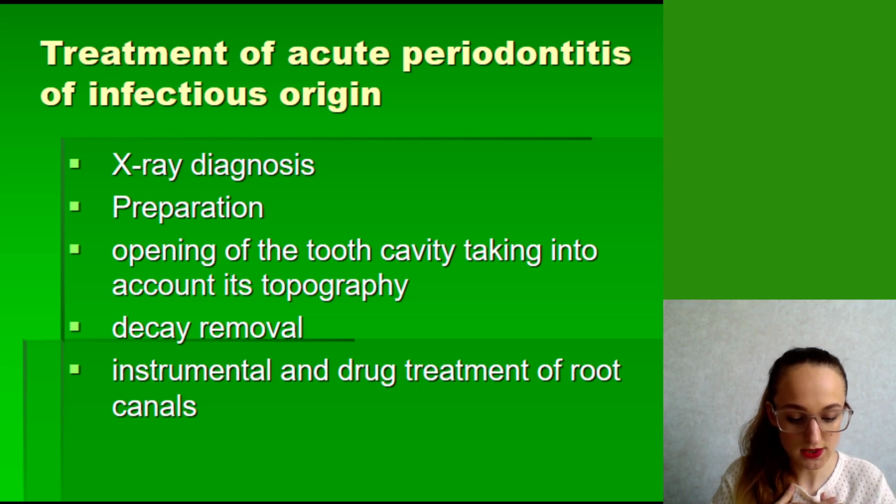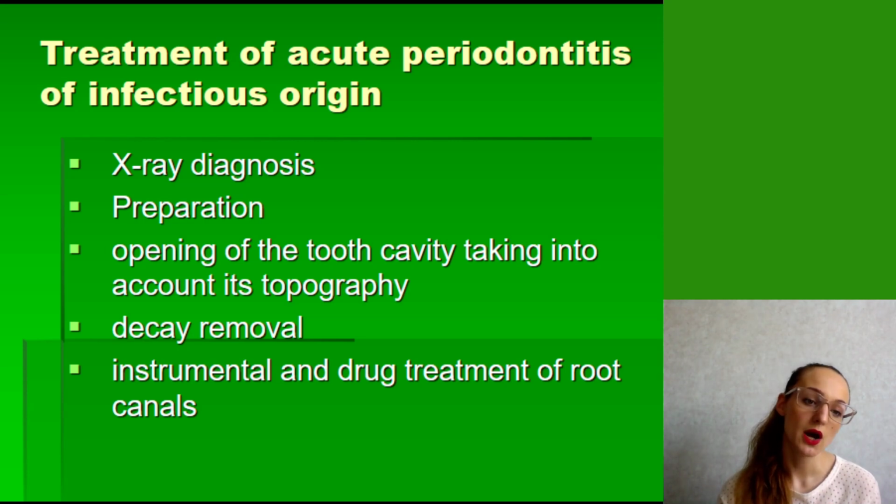Then the canals should be instrumented to the resistance point that usually corresponds to 2-3 millimeters from the radiographic apex. Each canal can be enlarged 3-4 instrument sizes greater than the first file.